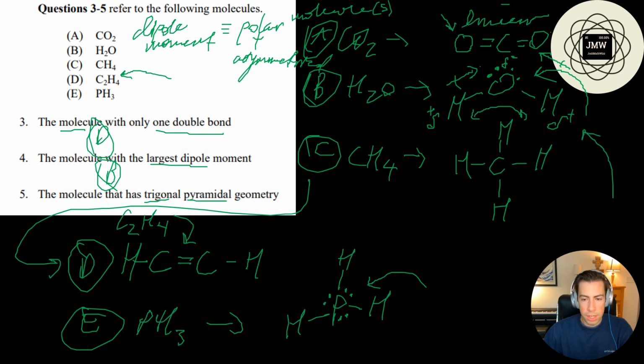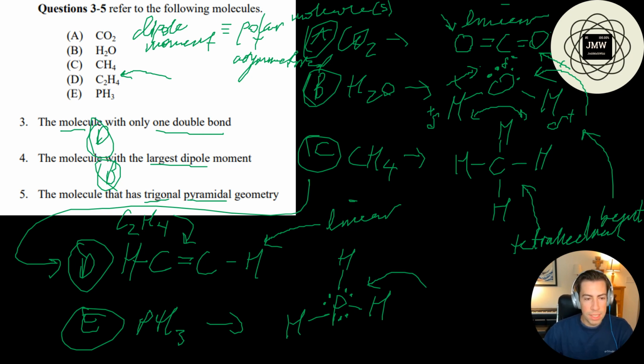I know that water is going to have a bent orientation. I know that methane is going to have a tetrahedral orientation. Wait, is that right? Yes, it's going to be tetrahedral. And I know that this one right here, well, that one's also going to be linear. You can tell by comparing it to CO2.